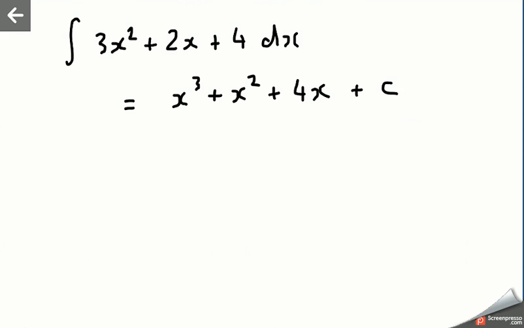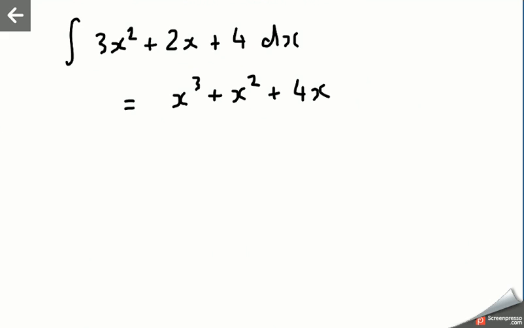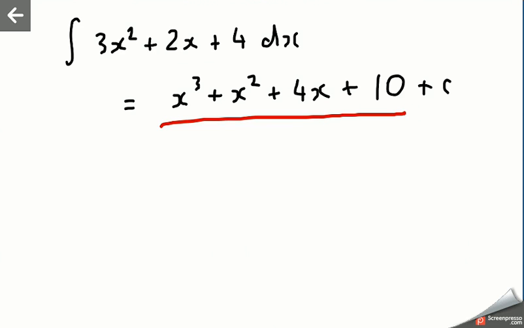Remember, we just need to find one function that when differentiated will give little y of x, and as soon as we've found one of them, all the other ones are going to be the same thing but with some constant added to it. So I could have also written this, by the way, plus, I don't know, 10 plus c, because when I differentiate x cubed plus x squared plus 4x plus 10, I still get 3x squared plus 2x plus 4.